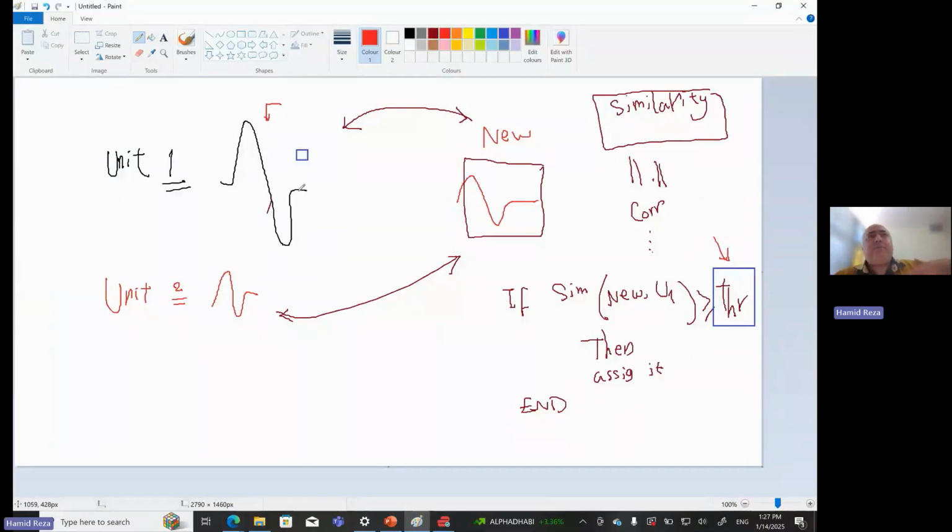On the other hand, if the threshold is high, we will have problems for those with low amplitude. They will be merged together, because when you have low amplitude, a lot of templates would be similar. So basically, we need an adaptive one.